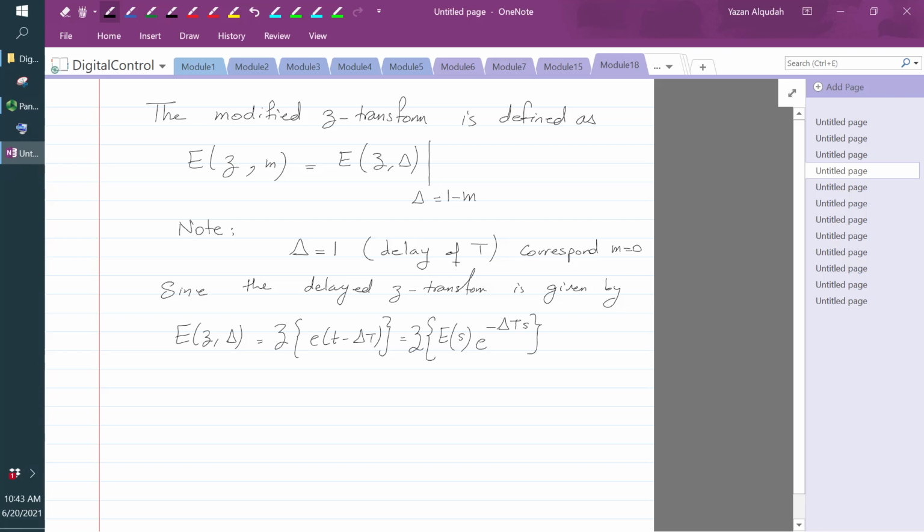Now if I want to take the z transform of E of s e to negative delta ts, I can do this by taking E of s e to negative delta ts star, and replacing e to st with z.